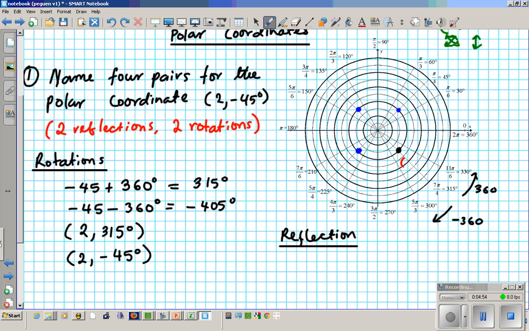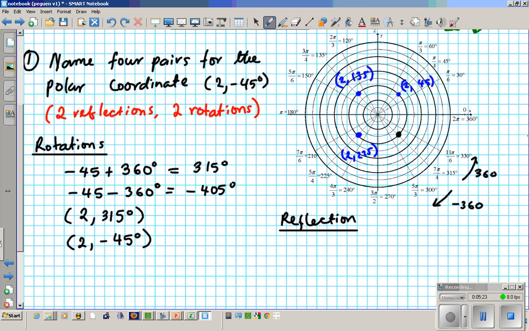Let me label the other points since we already know what this is. This is (2, 45). This point right here is (2, 135). And this point right here is (2, 225). All right, so let's do them.